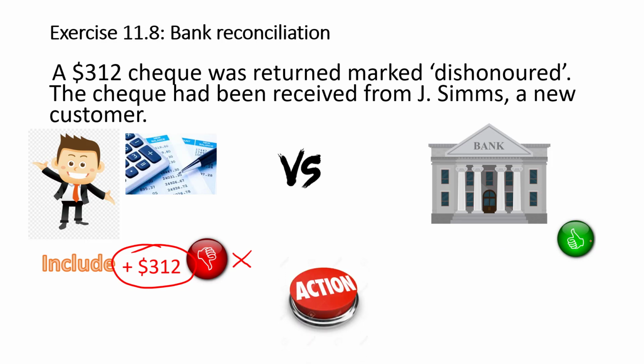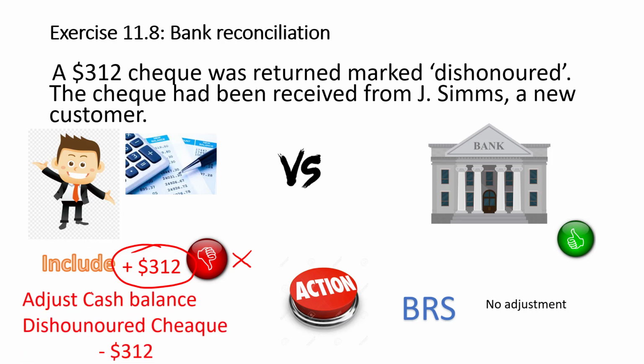So what should I do now? My action is to make no adjustment in our bank reconciliation statement, because it has nothing to do with the bank, but we need to correct our cash balance. Previously we mistakenly added 312. Now I have to deduct 312 from my cash book.